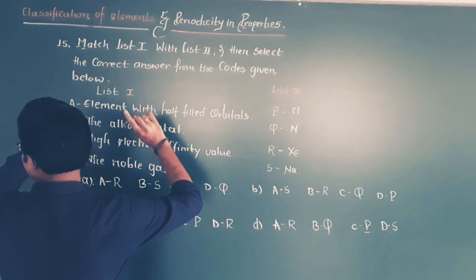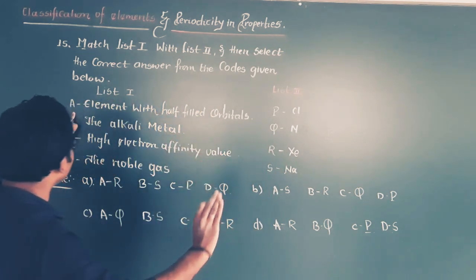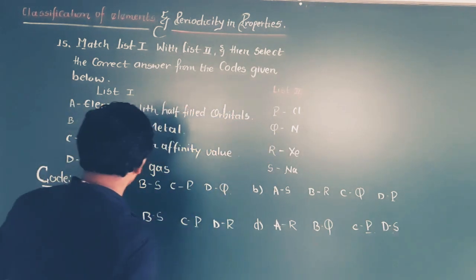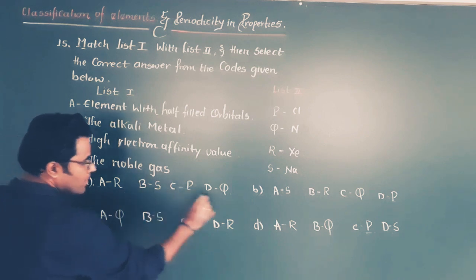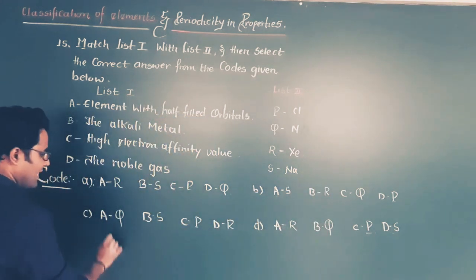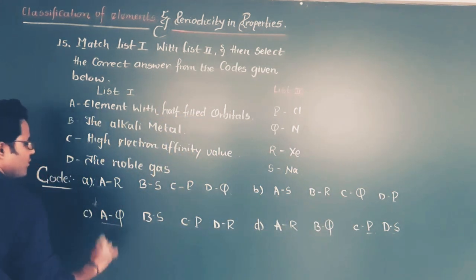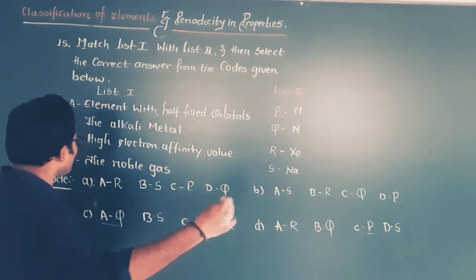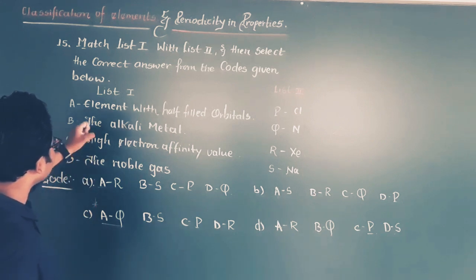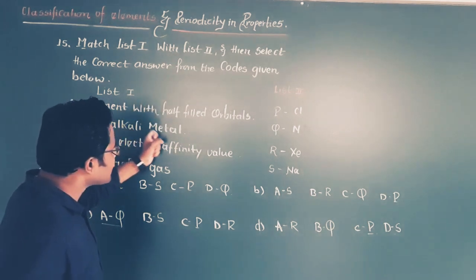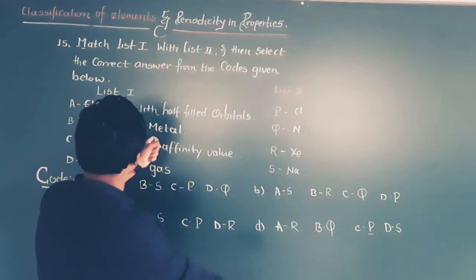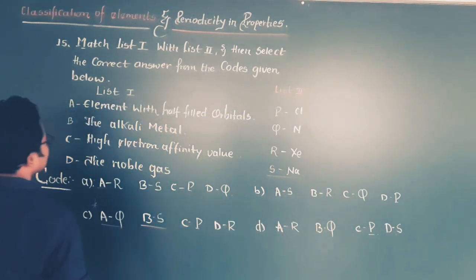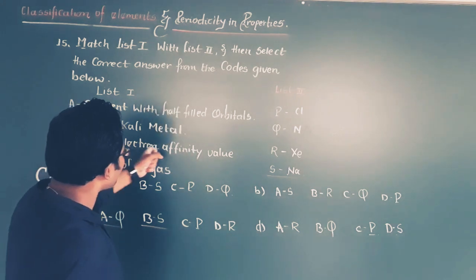So therefore I need to first find the particular condition wherein I have A-Q as a code. So where is the code A-Q? 1, no, 2, no, 3. A-Q, yes. First condition here is satisfied. Here is an A-R. So naturally we have got our answer. So going forward with the next one, the alkali metal, B is going to be S. So yes, B, S. Next one, high electron affinity value.